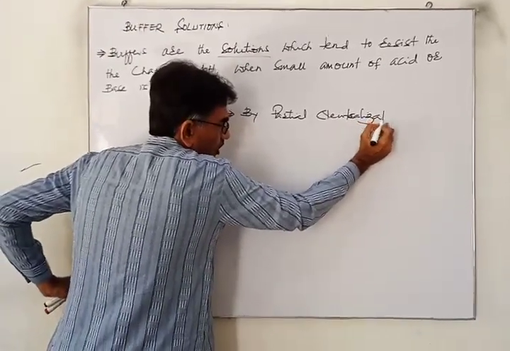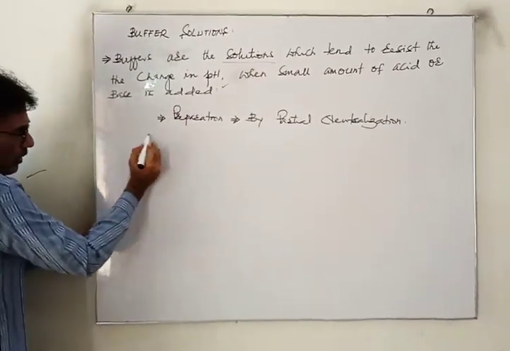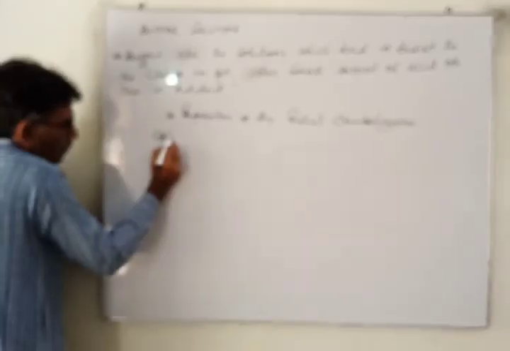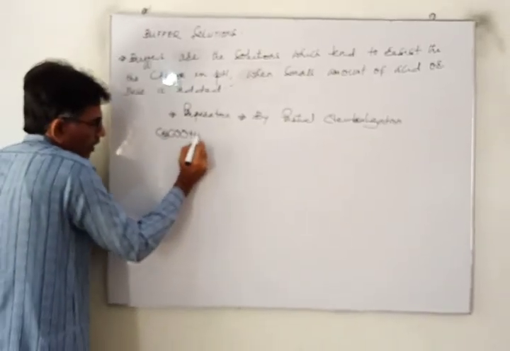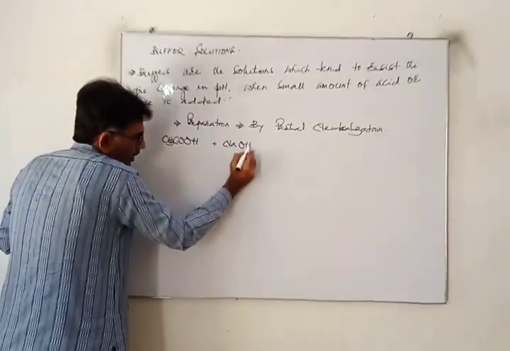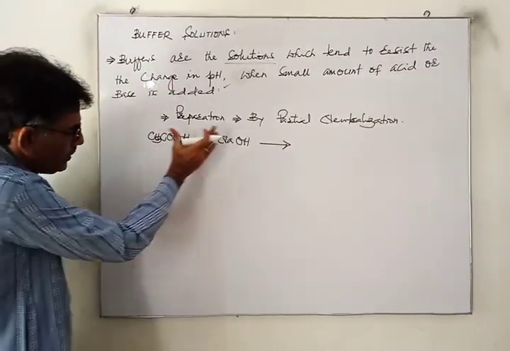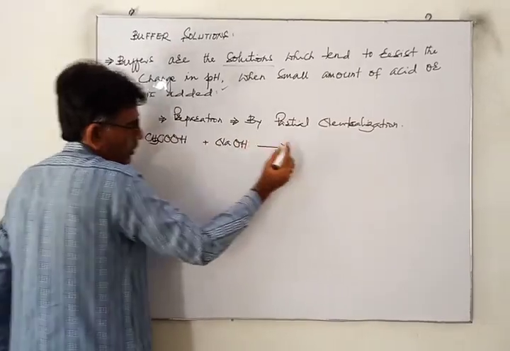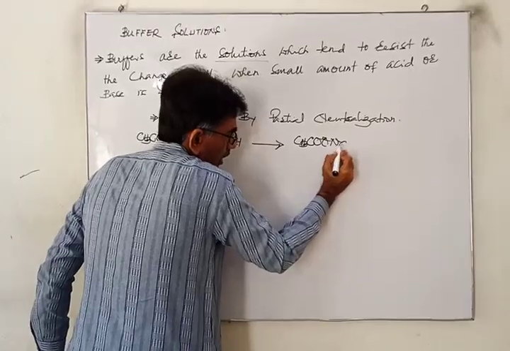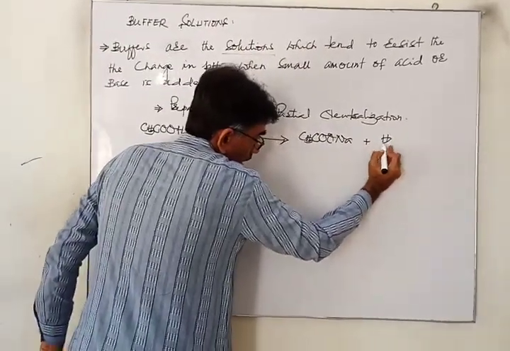So in that we first take an example, a weak acid like acetic acid and a strong base like sodium hydroxide, and that definitely, weak acid and strong base can give a partial neutralization. As a result of that, we have the formation of sodium acetate and water.